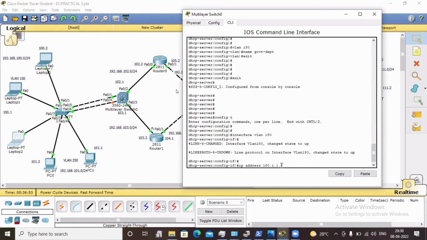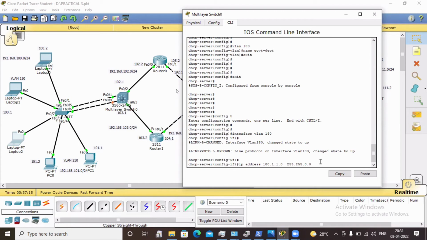Just give the subnet as well. Space subnet. Right now it will be 255.255, Class B network. 255.255.192.0.